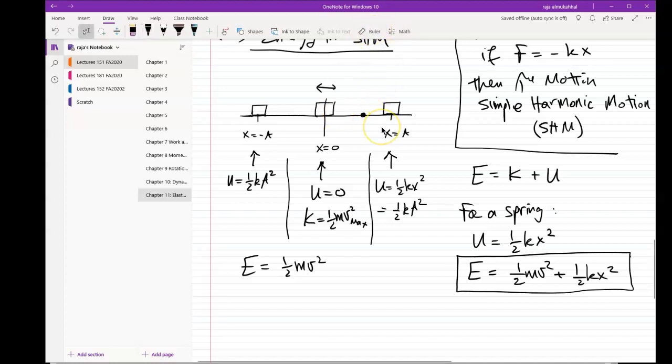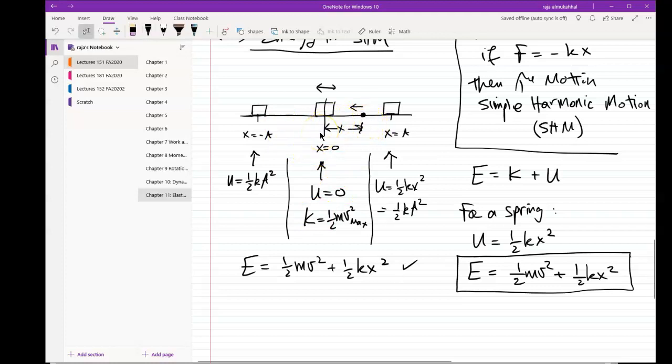Let's assume that the object is moving in this fashion, plus 1/2 k x squared. And x here basically is the distance from the equilibrium. We always measure from equilibrium to here. You see what I'm saying? So in this case, that would be the total energy at this position.